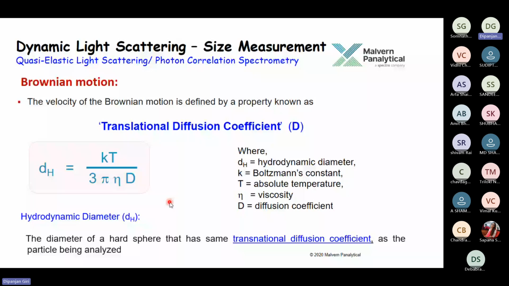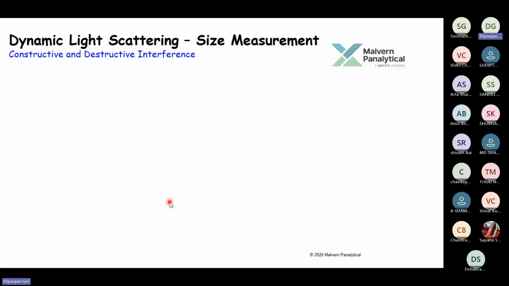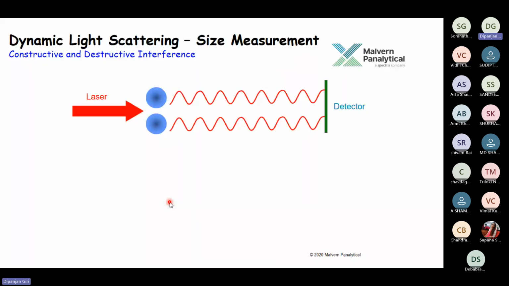So let's understand what will happen to the scattered beam when the particles are in Brownian motion. This is the scattered beam of light, and this is another beam from another particle. You can see these two beams of light are in phase, positive to positive and negative to negative, in a very raw form.